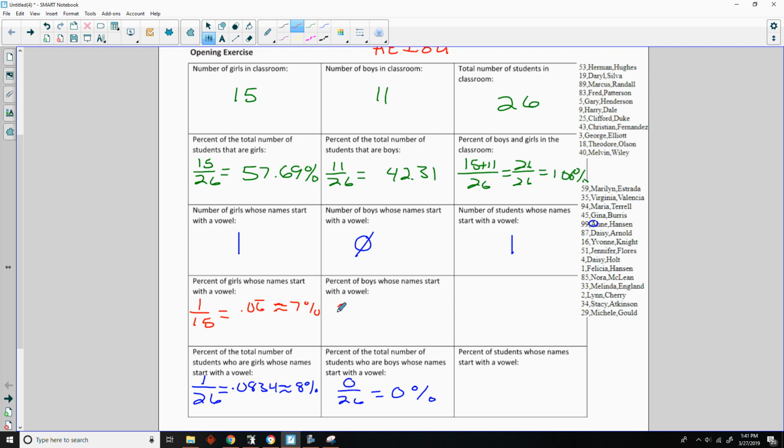Percent of boys whose names start with a vowel would be 0 out of 15, which is still 0%. Percent of students whose names start with a vowel. Well, that would be the same as before because there were no boys, so it's still 1 out of 26, which is approximately 4%.